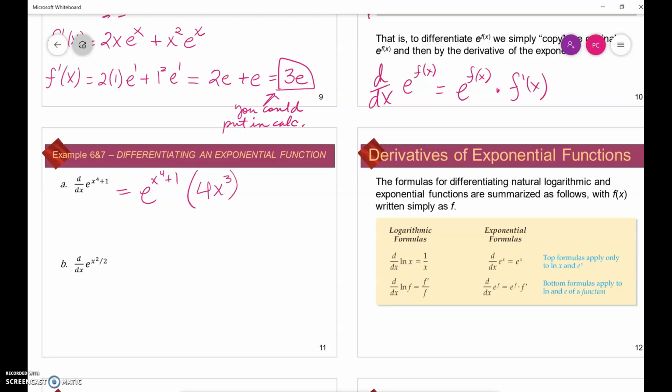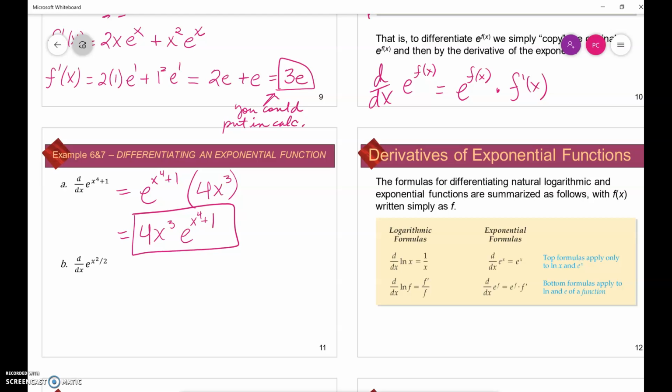And just like with logarithms, if you're doing anything to that, you always want to take whatever you're multiplying and stick it in front. That way it looks a little cleaner, and you know for a fact that something you've tagged on isn't supposed to be in that exponent. So I'm going to pull my 4x cubed out front and have e to the x to the fourth plus 1. And you're done.